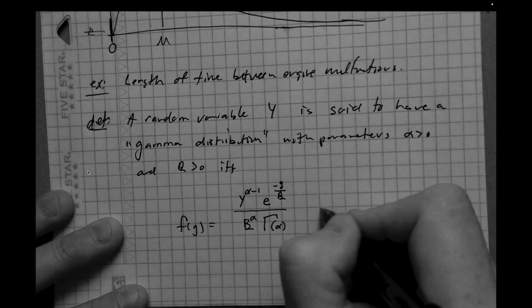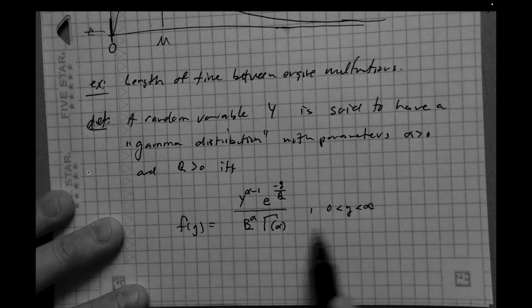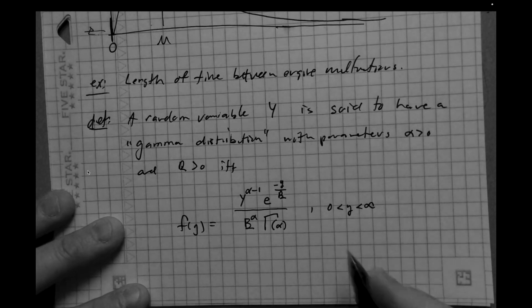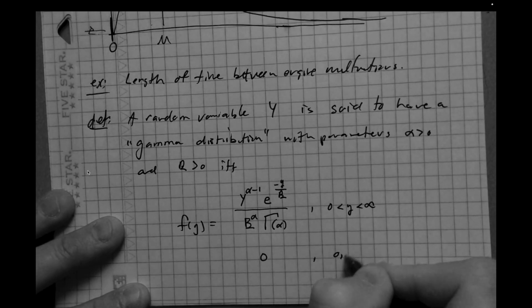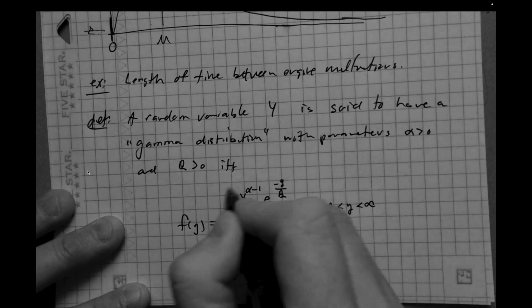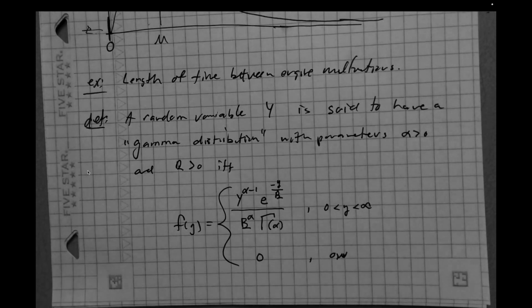And this is for all positive values, so 0 less than or equal to y less than or equal to infinity, and it's going to be 0 otherwise. All right, so this is really the important part here.